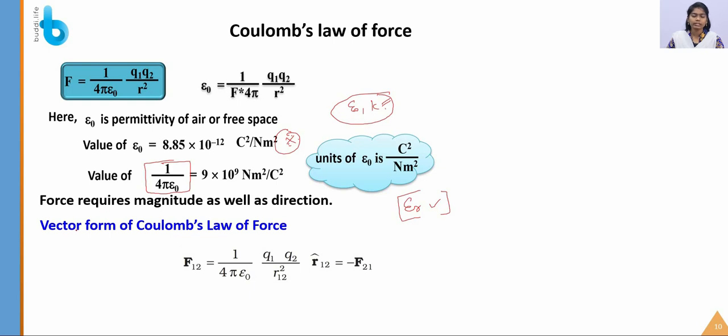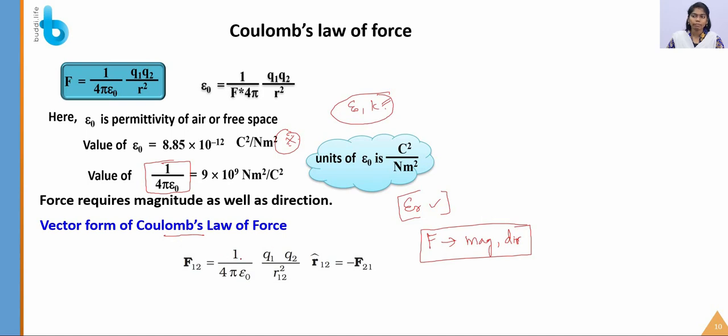Okay, so let's see the vector form of Coulomb's law of force. We already know what Coulomb's law is, right? Force has a magnitude and direction because it is a vector. So when you indicate the force, you have to consider the magnitude as well as the direction.